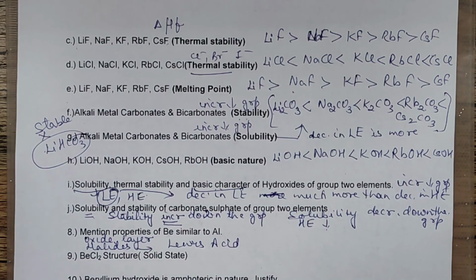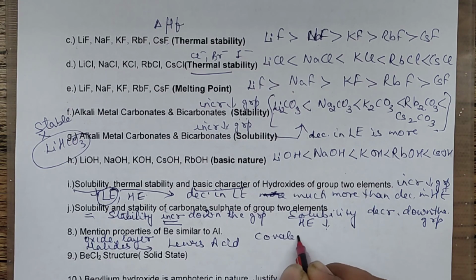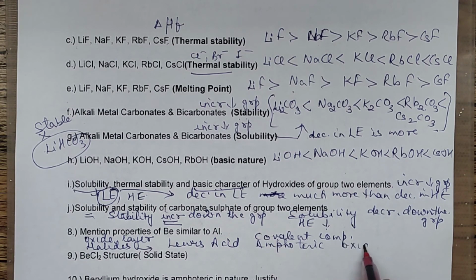Both form covalent compounds. Another one you can give is both form amphoteric oxides. You can even add that both form a chloro bridge like structure.